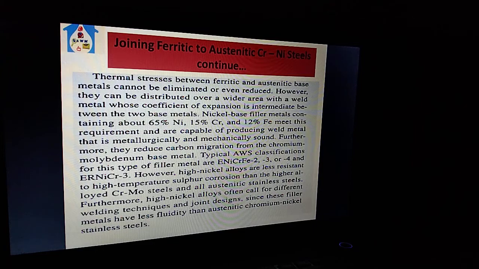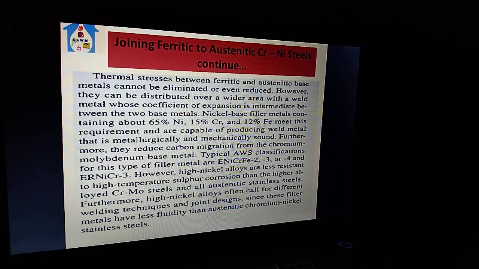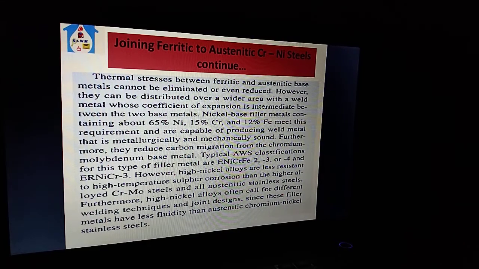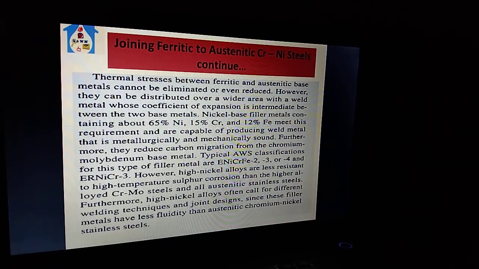Nickel-based filler metals containing about 65% nickel, 15% chromium and 12% iron meet this requirement and are capable of producing a weld metal that is metallurgically and mechanically sound. Furthermore, they reduce carbon migration from the chromium-molybdenum base metal.